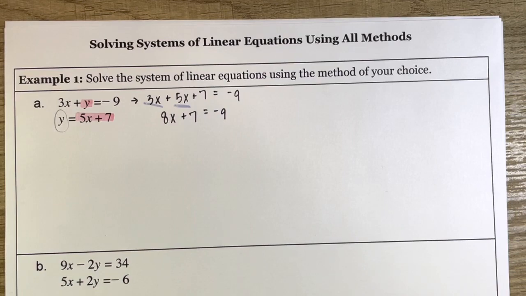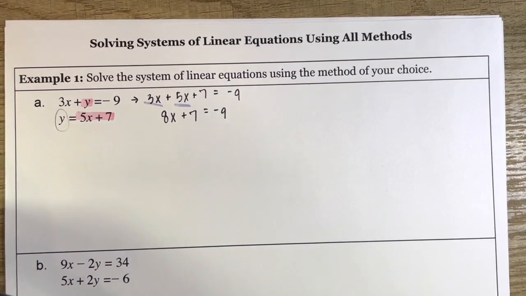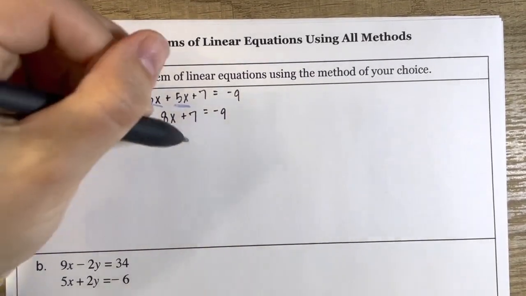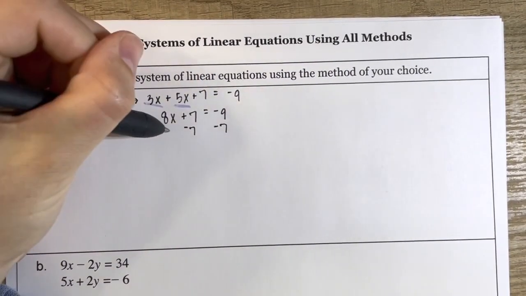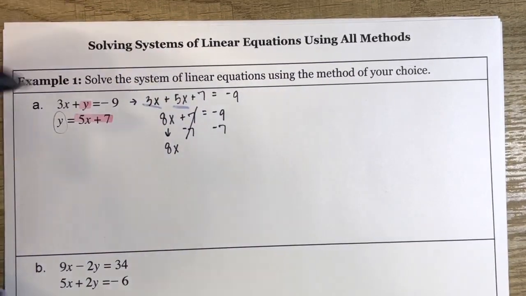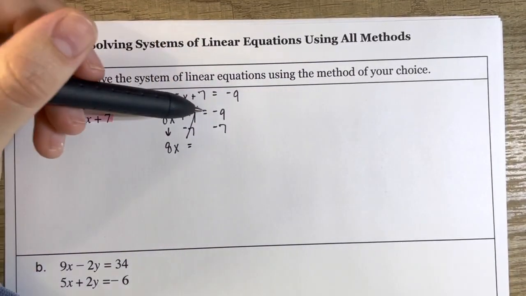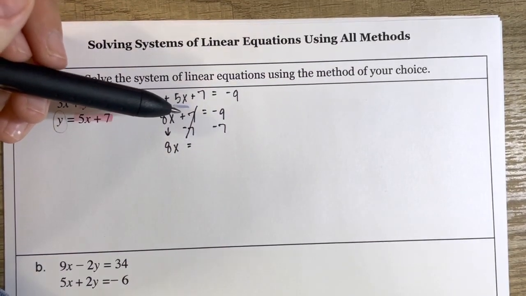So if I want to solve for x, I now have to undo the things that are being done to it. So I have an 8 that's being multiplied by x and a 7 that's being added. So I'm going to undo adding 7 by subtracting 7 from both sides. So I'll bring down the 8x, 7 minus 7 cancels out. And then -9 minus 7, so I'm starting at -9 and going down 7 more.